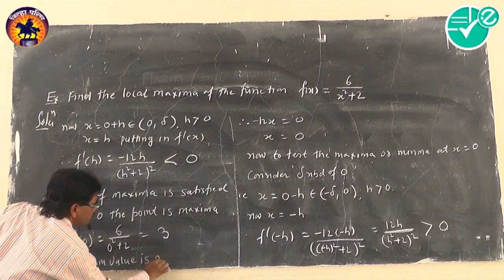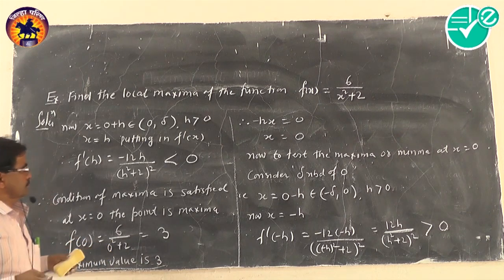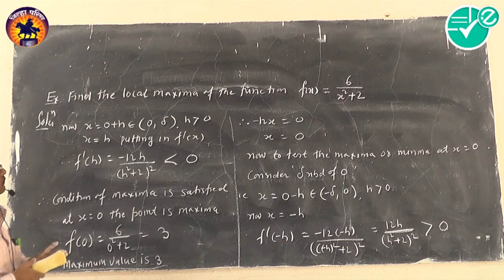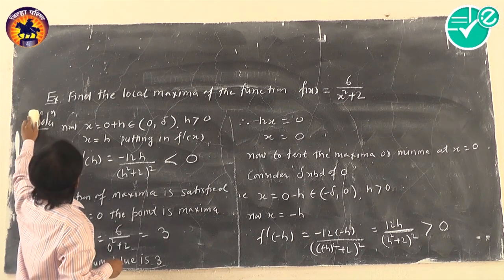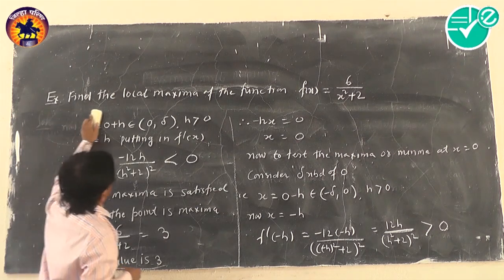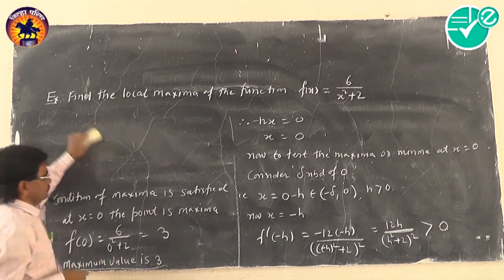The maximum value of the function is 3. Now this is nothing but how to find the local maxima or local minima of the function.